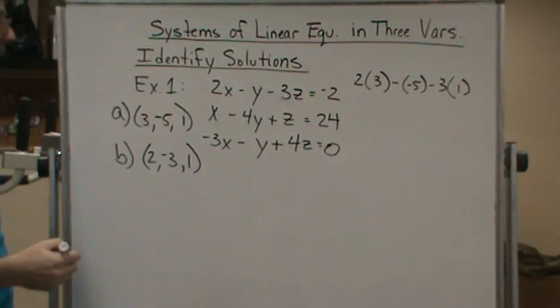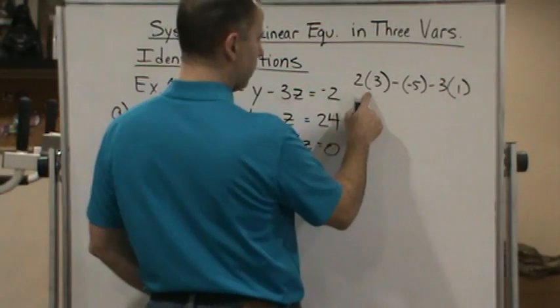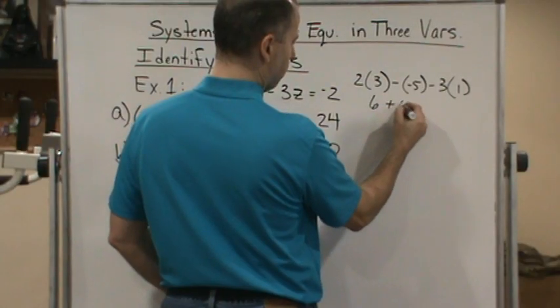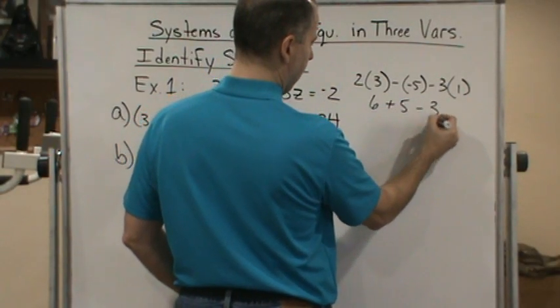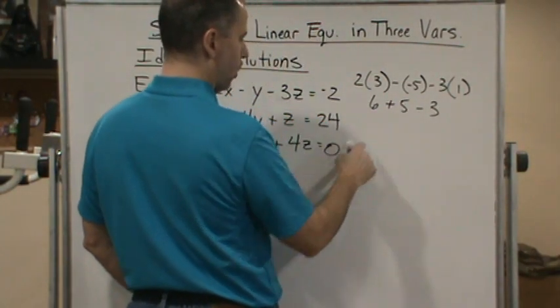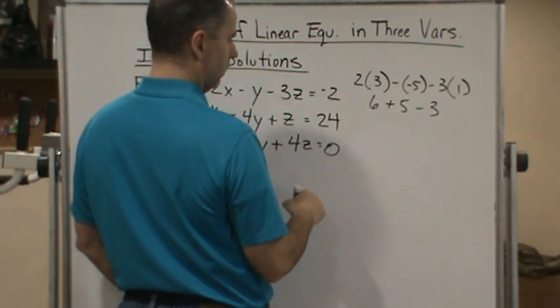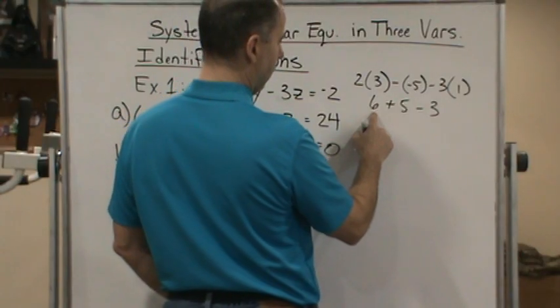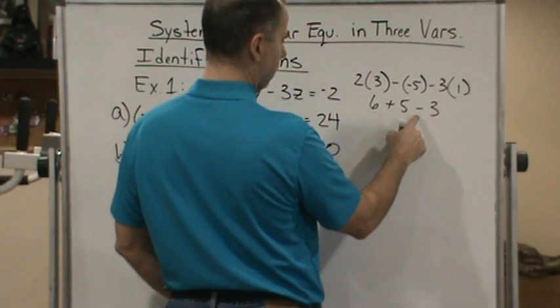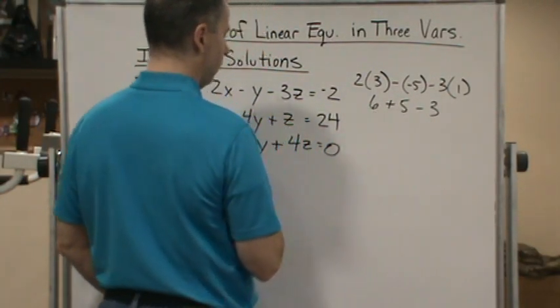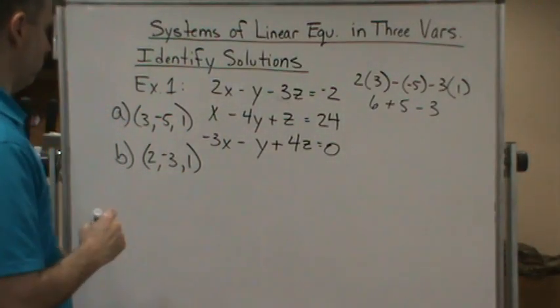And so we just evaluate it, and we get 6 plus 5 minus 3. This is going to give me 11 minus 3, which is 8.